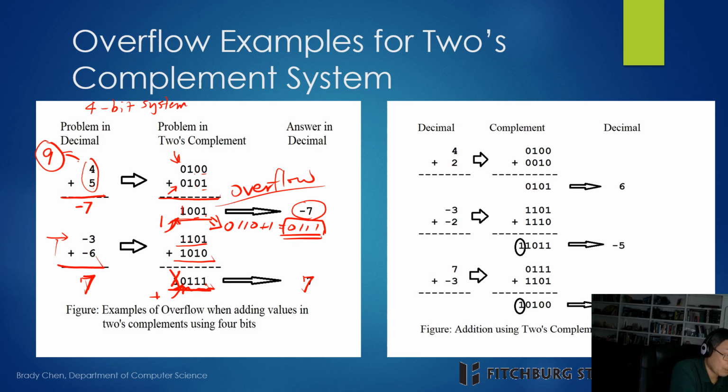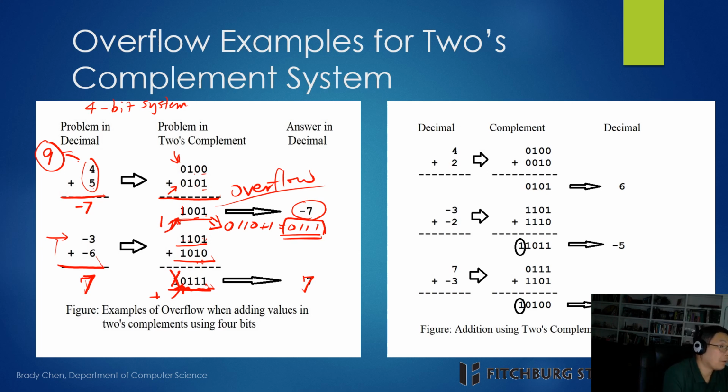Now, when we talk about this, you should remember that when you add two two's complement notations, if it generates 5 bits, that's not overflow by itself. It's part of the rule. You need to truncate the most significant bit if there's a carry out of 1 in the most significant bit. That's not a problem. That's not overflow. The overflow happens when you add two negative numbers and the result is positive.